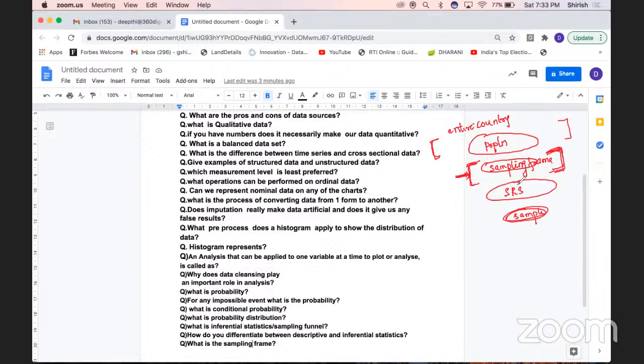People who are eligible to vote. Maybe I say that a voter ID is a must. People who have a voter ID or who have crossed 18 years of age would get filtered out.